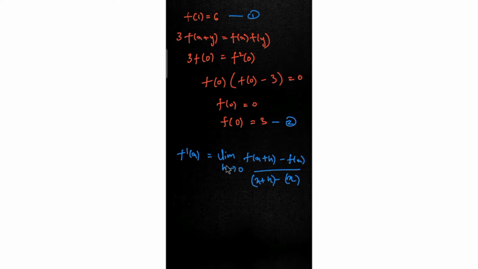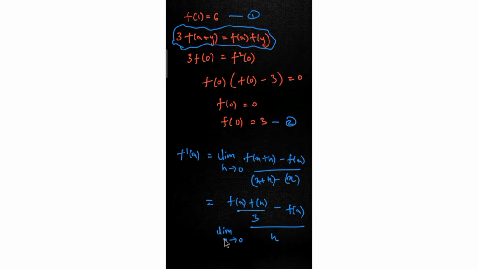So limit h tends to 0 of f of x plus h minus f of x divided by x plus h minus x. So f of x plus h we know from the functional equation given to us. Putting h in the place of y, we get limit h tends to 0 of f of x into f of h divided by 3 minus f of x divided by h. This is the value of f dash of x.